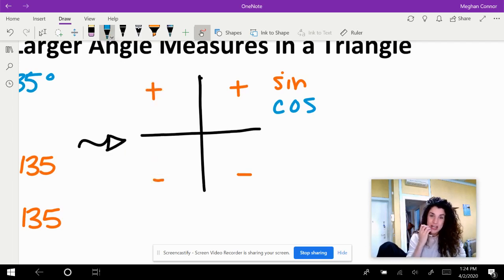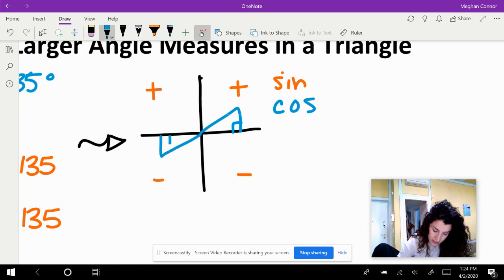Cosine is the adjacent side length. So if I were to build a triangle anywhere off of this diagram, the adjacent side length, because we're always talking about that angle at the center, will always tell us whether it's going to be positive or negative, and it's going to be positive in this part of the graph when our x values are positive.